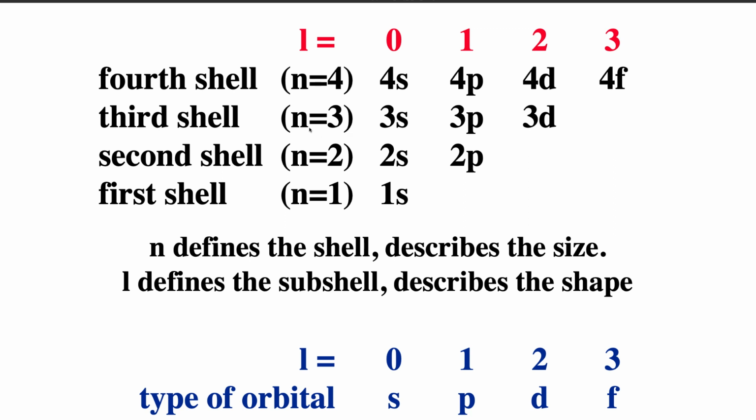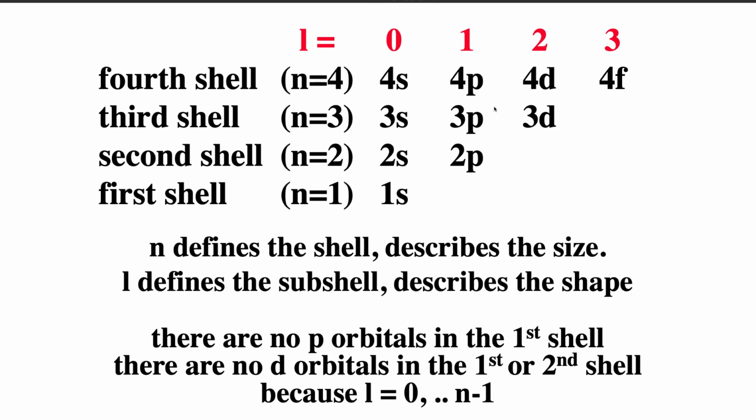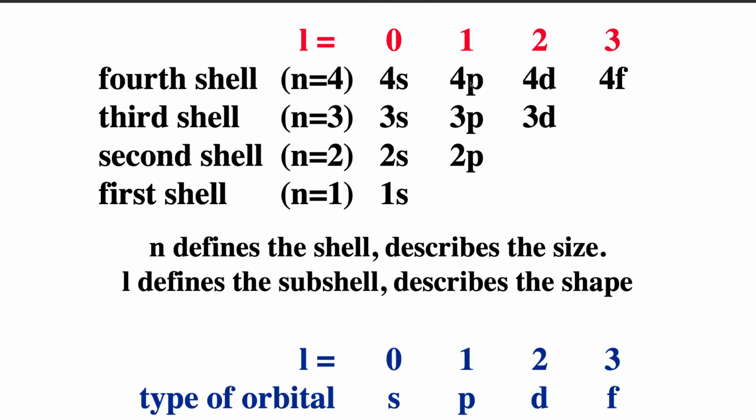In the third shell, n equals 3, L can be 0, 1, and 2, and so that gives you s, p, d. When L is 2, m sub L can be minus 2, minus 1, 0, 1, and 2, so that's 5 d orbitals. And for the fourth shell, you can have s, p, d and f.